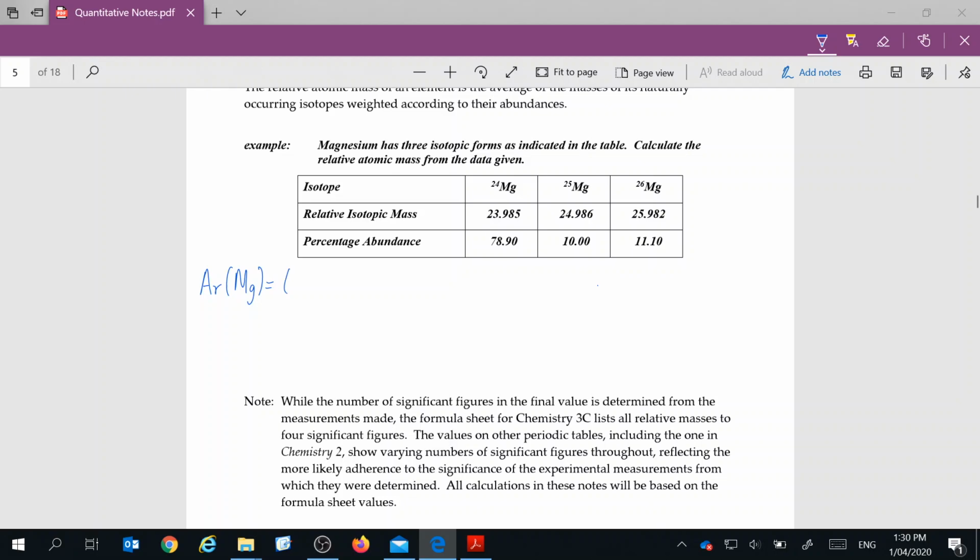So for the first one, we've got 23.985 times by its percent abundance as a decimal, so 0.7890, plus the next one, plus the next one, and put that in your calculator and you'll get 24.31. I'm going to 4 significant figures because the percentage abundances are given to 4 significant figures, and I'm not putting units because it is relative.